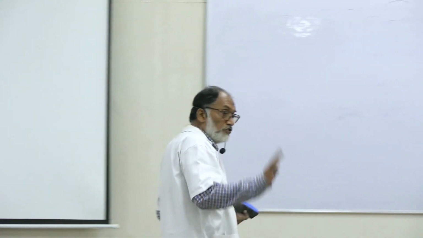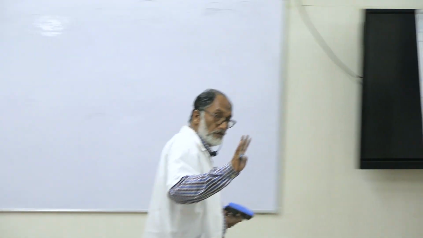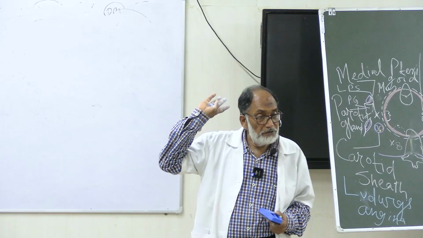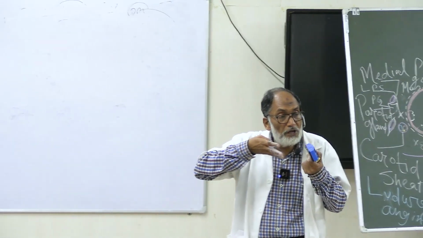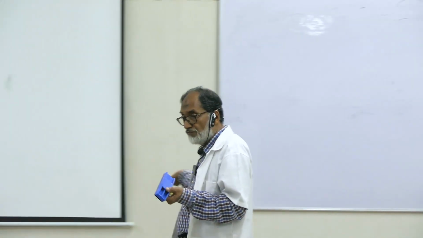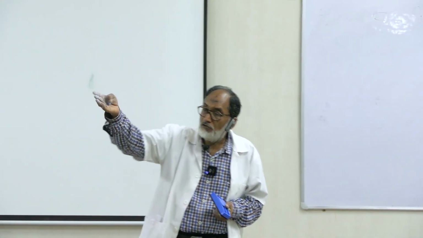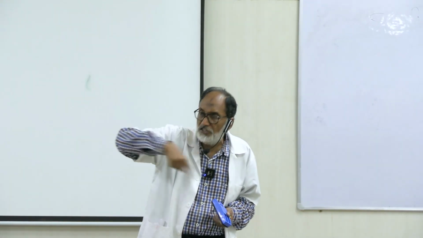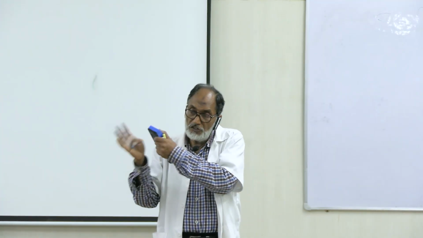So Ludwig's angina is a very serious condition. You should keep in mind that it may compress the airway and the patient may die of suffocation. Ludwig's angina actually comes as an extension of the infection of the lateral pharyngeal space.